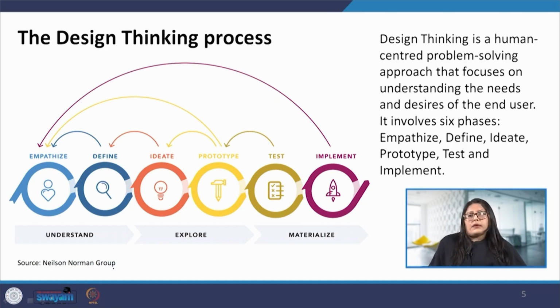Now, there are some other problems which are much larger in nature, much more complex, and we cannot use such simple logic to solve these problems. So, for example, world peace, world hunger. These are very big problems that cannot be solved simply.